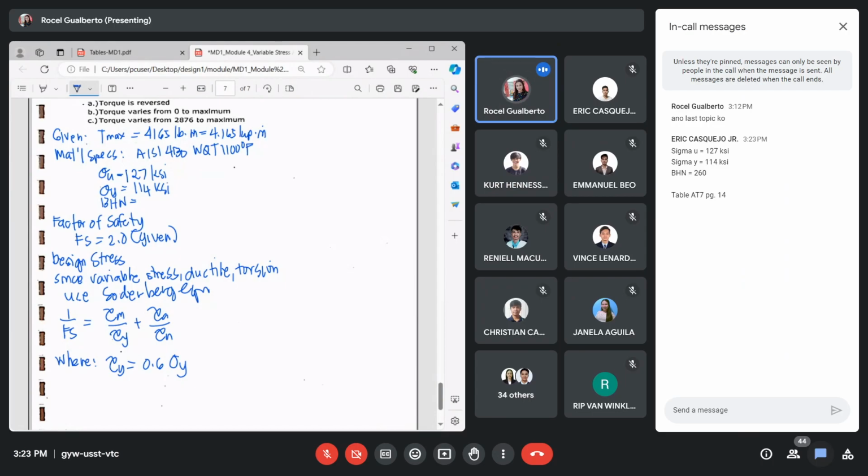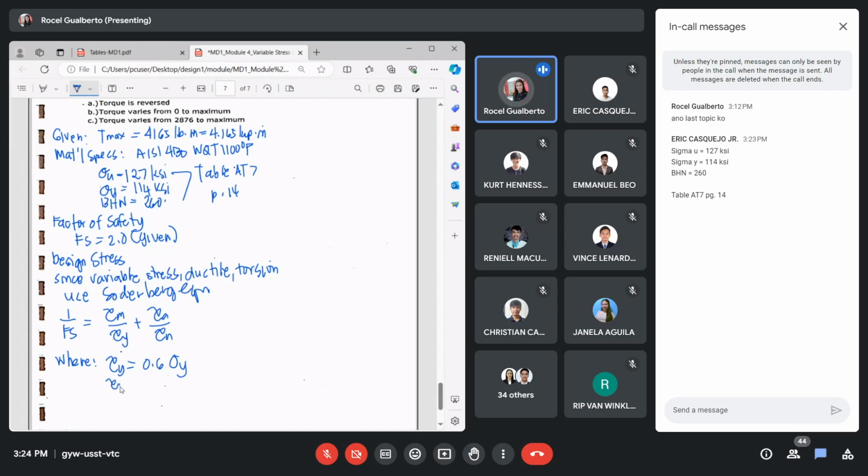Ano pa yung isa? $260. So these are the values taken from table 87, page 50. So these are the values, sigma u, sigma y, and BHN.